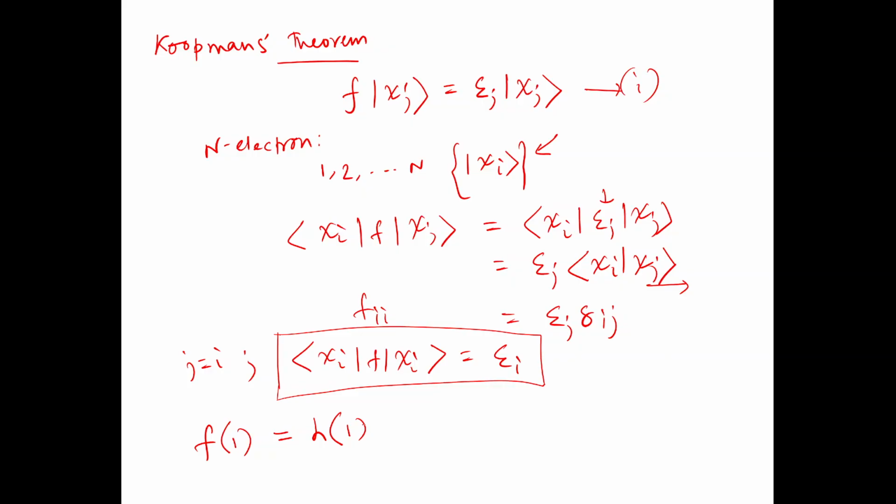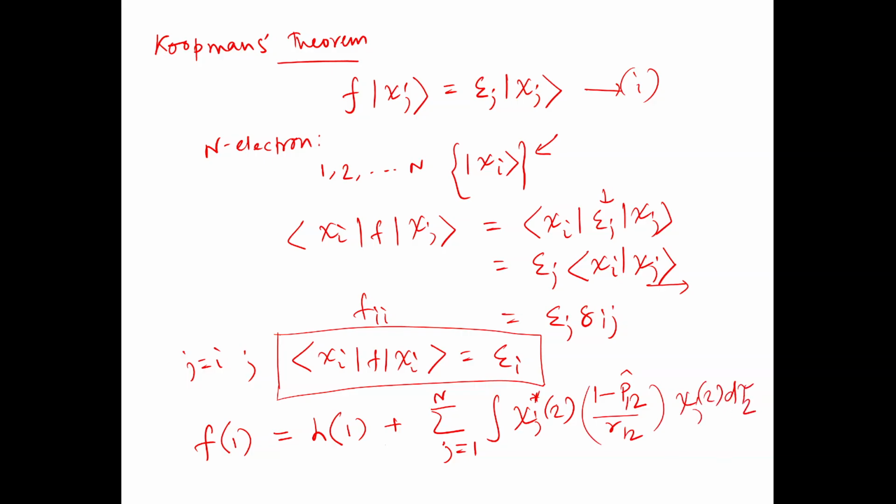So this is your one-electron core Hamiltonian. Then you have a term like the summation over j equals 1 to N of the integral of chi_j star (2), then (1 minus P12) 1/r12, times chi_j(2) d tau_2. So this is your Fock operator.